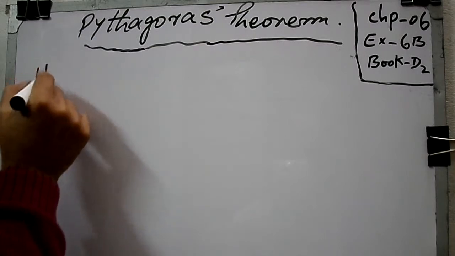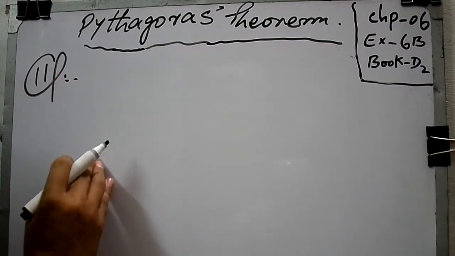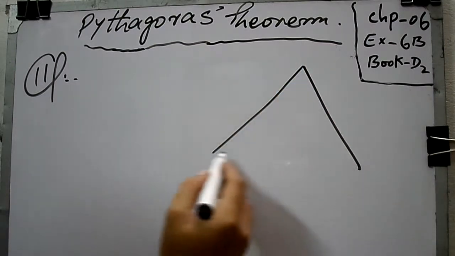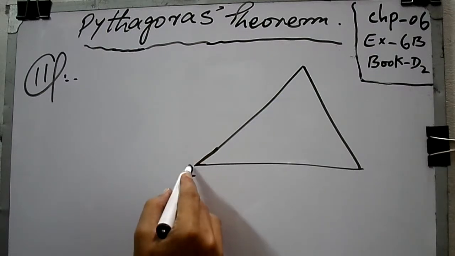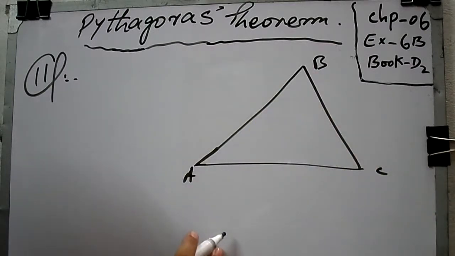Question number 11. ABC is an equilateral triangle. For example, that is your triangle, A, B, C, that is your equilateral triangle.